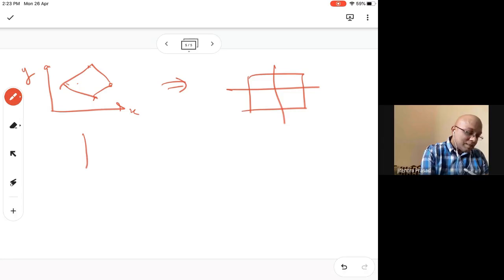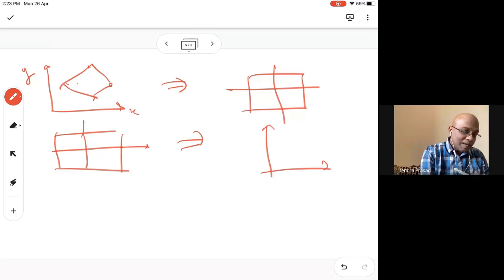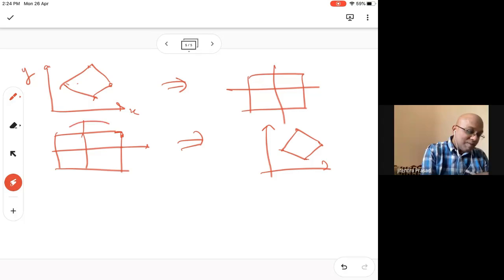Similarly, what we are assuming is going from here to here to here, and we are assuming a similar kind of function. So basically we are going from here to here, and hence we can write something like this.